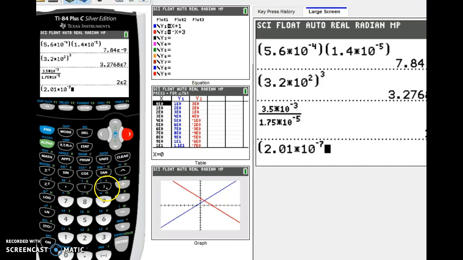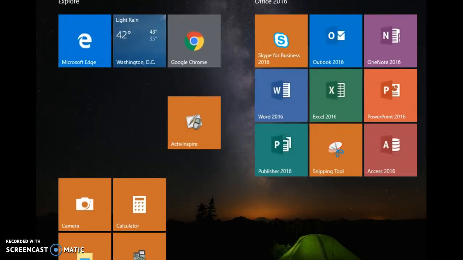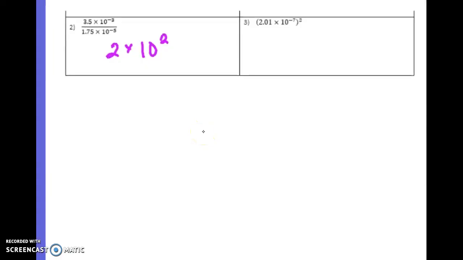Go over 1, close parentheses, and that whole thing is going to be squared. Then we hit enter, and we get 4.0401 times E to the negative 14th power. So let's write our answer here as 4.04 times 10 to the negative 14th power.